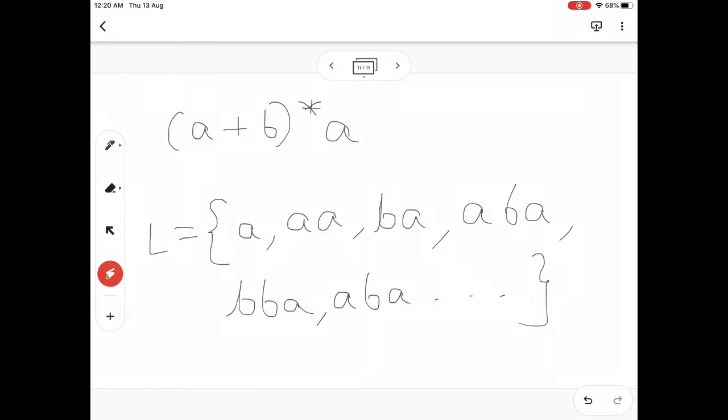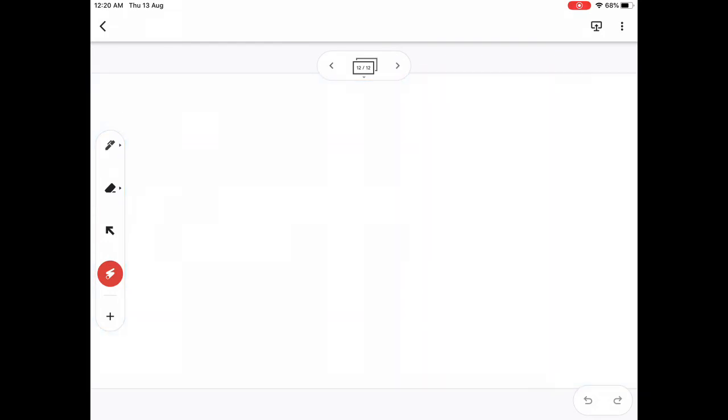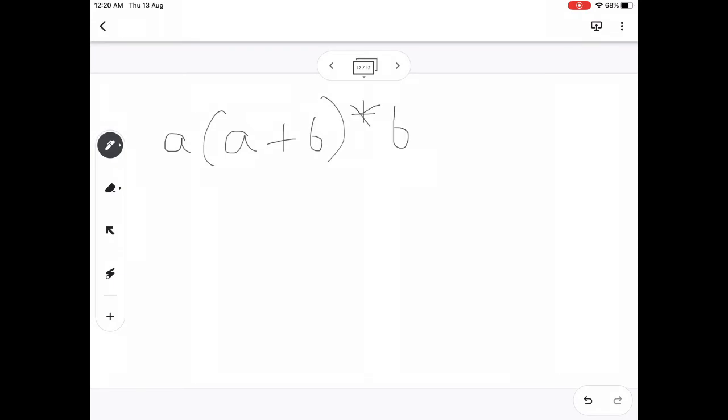Okay. So we'll see one more example. A (A plus B) whole star B. Obviously what this will mean is my string should start with A followed by any combination of A and B and end with B. So always it is starting with A and ending with B. Assuming initially this is null, what will my language contain?